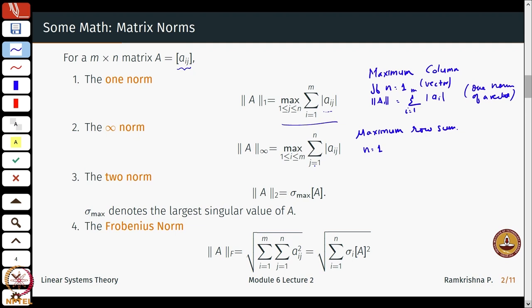Okay. Next is the notion of a 2 norm. The 2 norm of A is just the maximum singular value of this matrix A. And the last notion is that of the Frobenius norm, defined this way. We will not use much of this in this course, but it is nice to know some definitions.